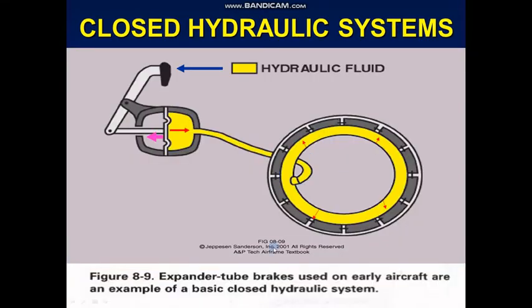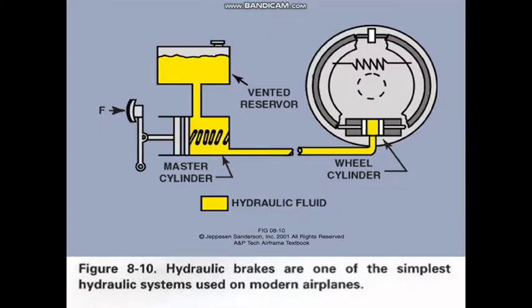The closed, we will keep the hydraulic fluid inside the system and it will not go outside of the system. An example of the hydraulic system: hydraulic brakes are one of the simplest hydraulic systems used on modern airplanes.